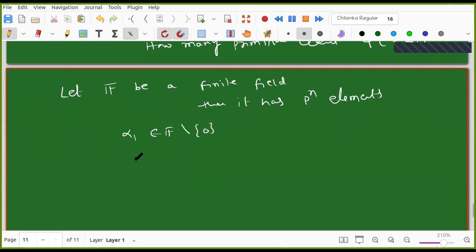Then I take alpha 1, 2 into alpha 1, 3 into alpha 1, and I can go on so that they are all distinct.